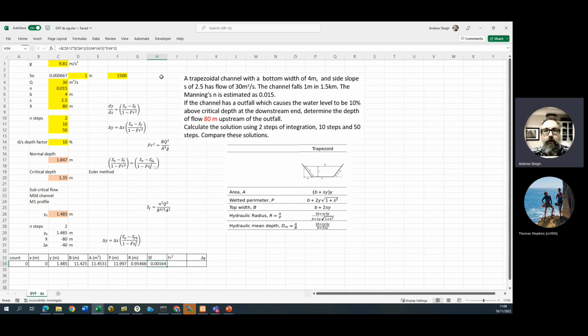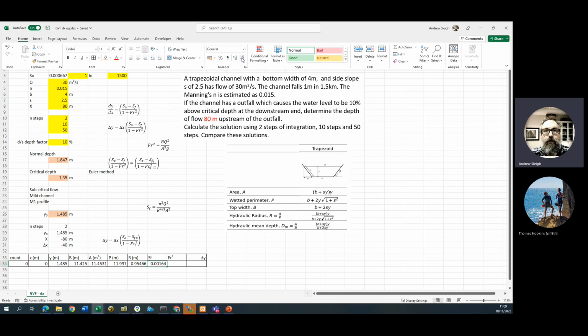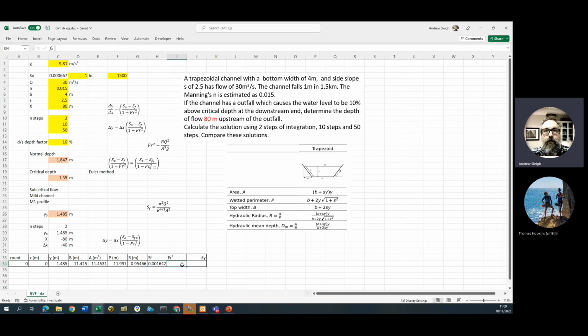Right, I've got 3 significant figures. That's actually going to be a bit smaller as we go on. So I'm just going to increase the significant figures slightly to 1 extra. The Froude number squared, let me just remind you what that is.